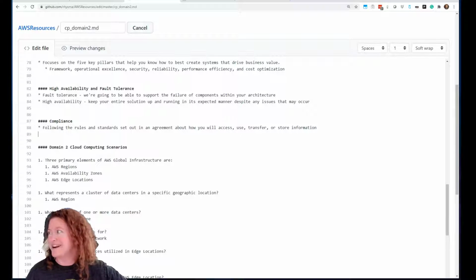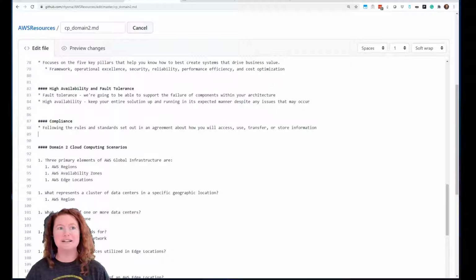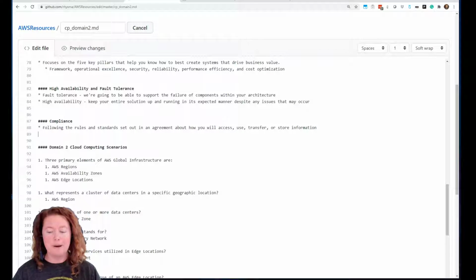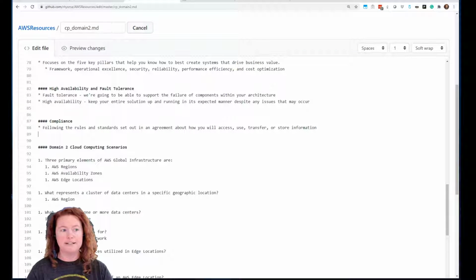And again, this is why I laugh a little bit, because people don't really particularly like compliance, because it does just mean reading a lot, keeping up with the changes, making sure that you're following the rules. A lot of times they come with pretty hefty fines and penalties if you're not following the rules. So there's quite a bit. There are all kinds of different compliance standards, and there are services on AWS that can help you know how to navigate compliance standards.